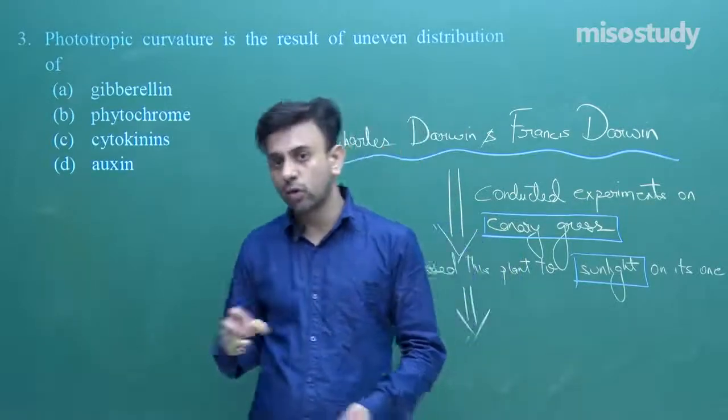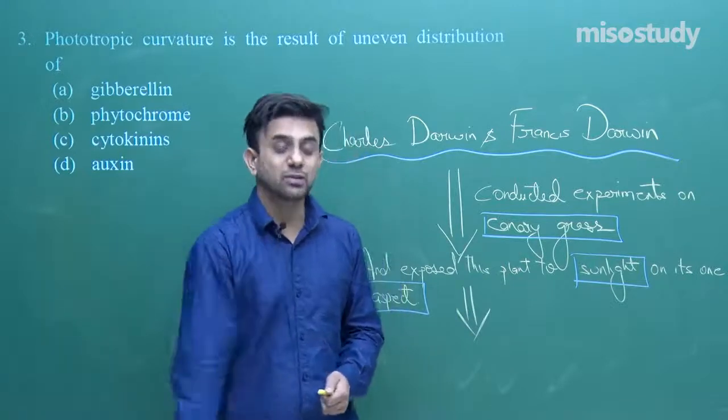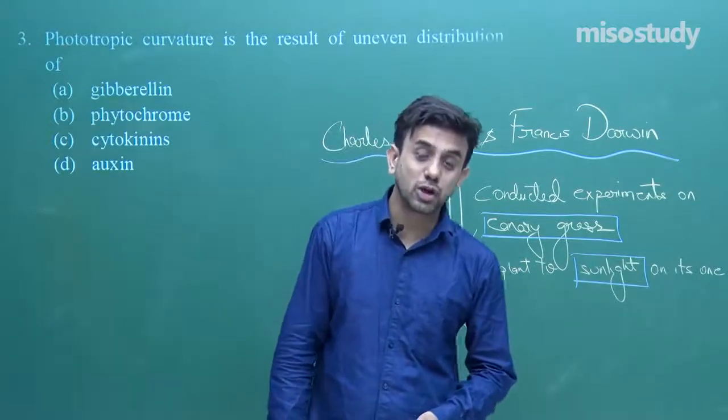There is some chemical helping that movement, and that was called the phototropic movement.